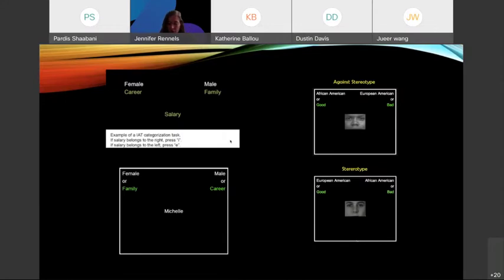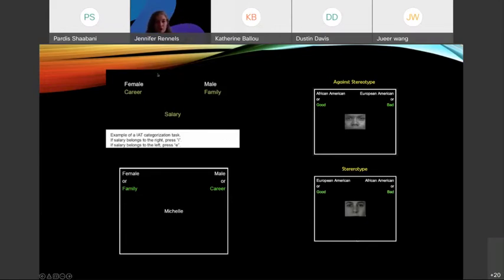A lot of the research that's been conducted in this field uses something called the implicit association task. Here, the participants' job is to sort words or faces, and one of the goals is to see how quickly they can sort these words or faces.